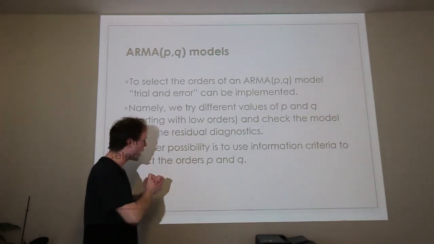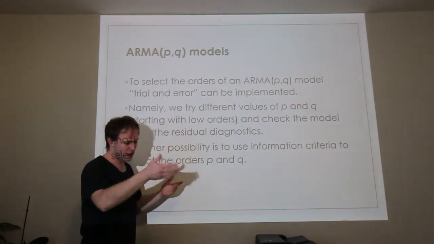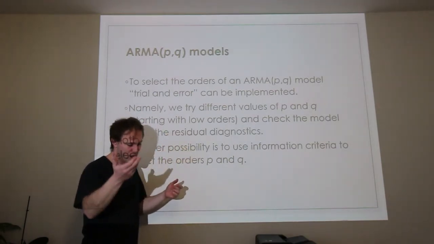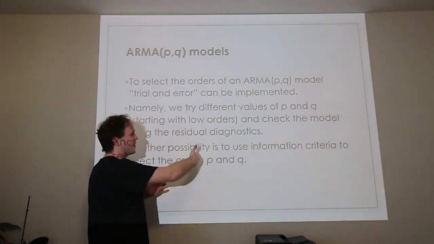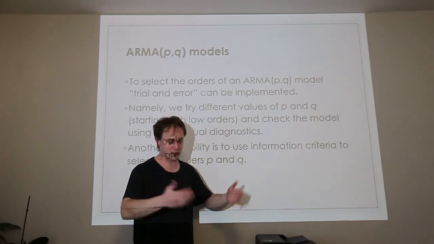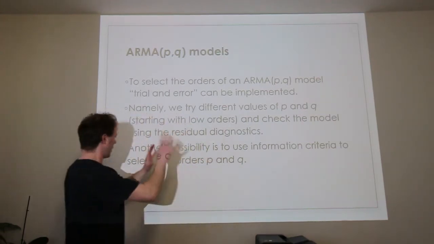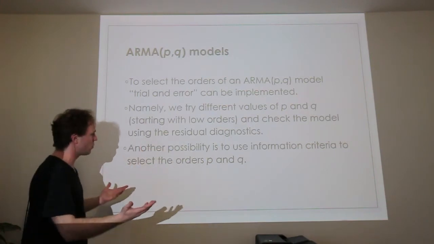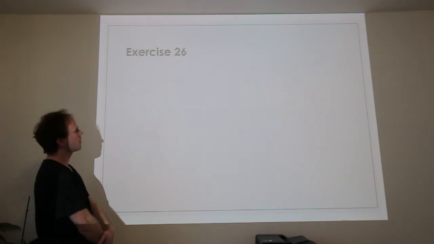If we have positive information criteria, 20 is smaller than 25, but if we have negative values, -10 is smaller than -5, so the smallest value is the best in evaluation.